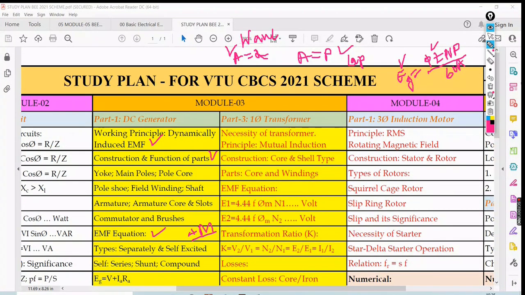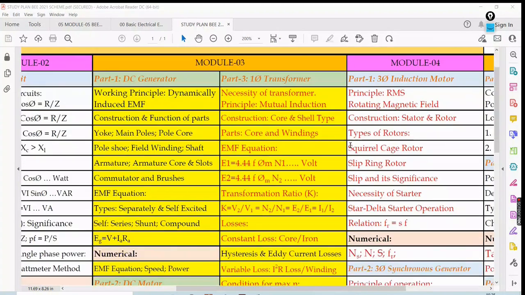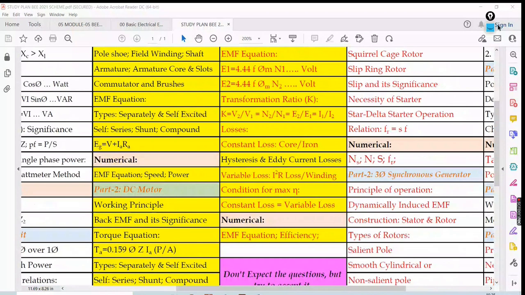Then with respect to the types of generator, there will be separately excited and self-excited. Separately excited means the external power supply is given to the field winding. Self-excited means whatever voltage is generated by the generator is given as input for your field winding.